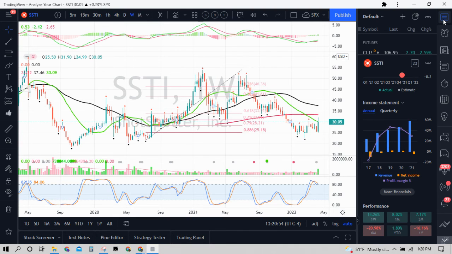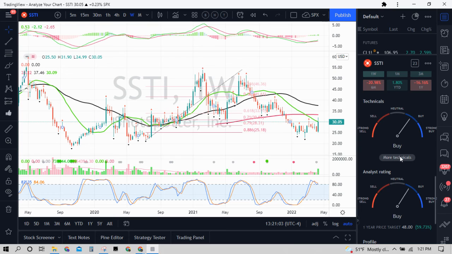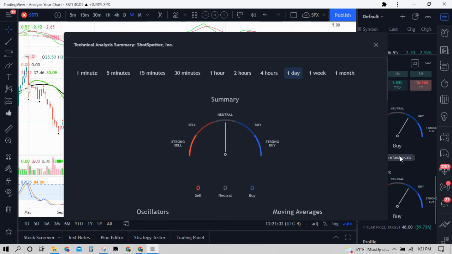They also have a more technicals link here that allows you to look at what analysts are saying about the company. So right now, they tend to agree with me astoundingly that this is a buy. I think the last high was around $53. We're at $30 and some change right now.